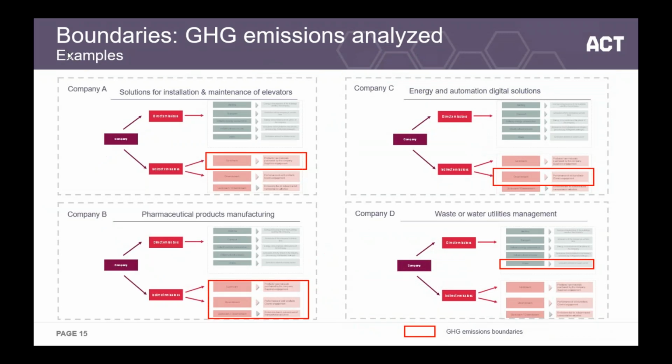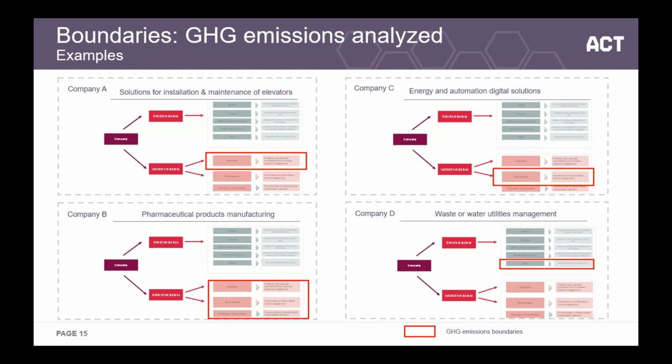Next slide, please. But saying that, we will focus in a different way depending on the challenges of a company. For example, if we consider a company A, which is a company providing solutions for installation and maintenance of elevators, the main challenge will be about the purchase of products or raw materials, and we want to clearly have a focus on upstream emissions.